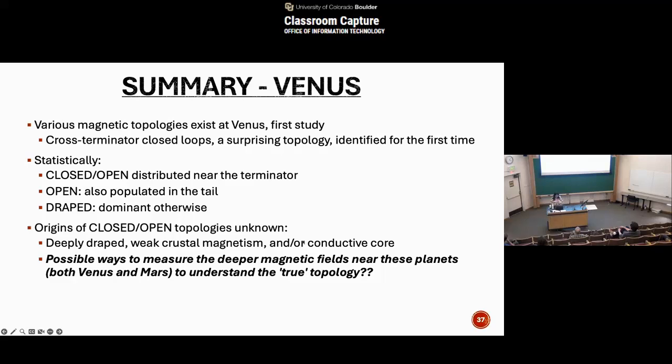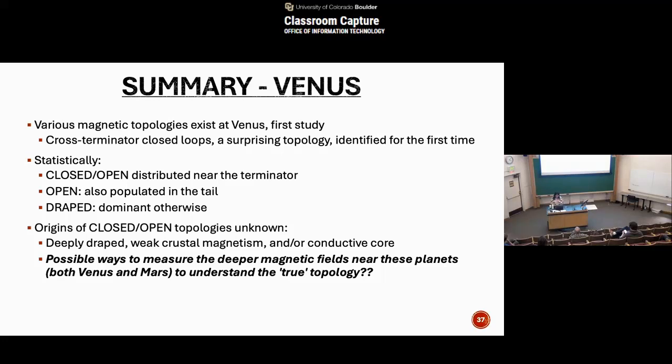And then we have some statistical mapping of where and how frequently each type of topology occurs. Most importantly, we want to raise the open question: what are the origins of the open-closed topologies at Venus?